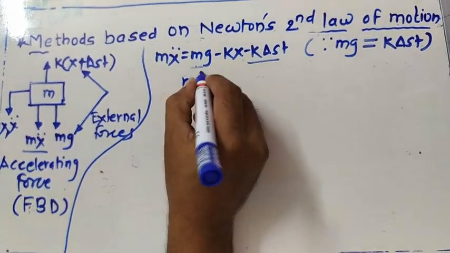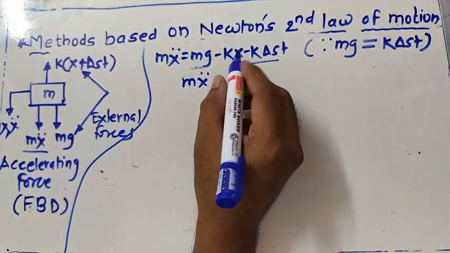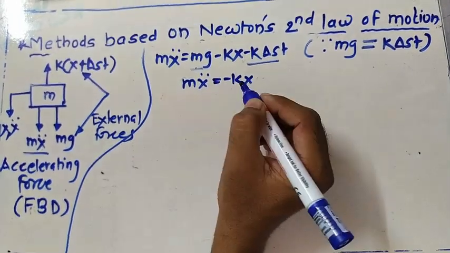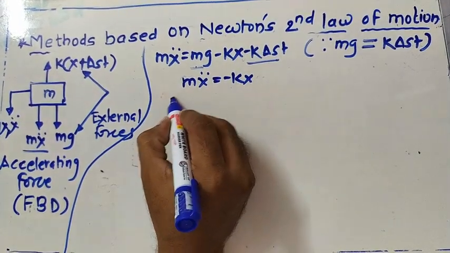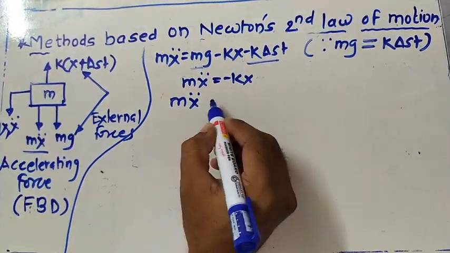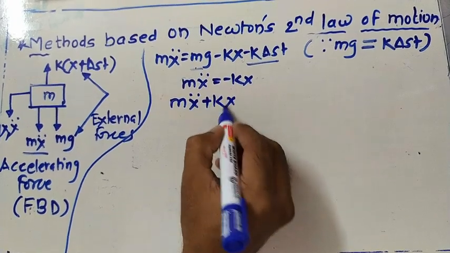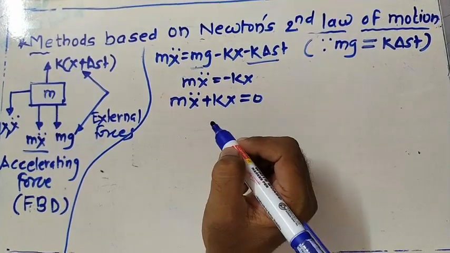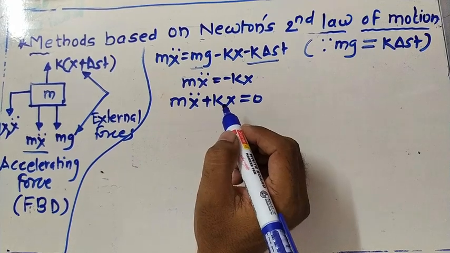You can get the relation mx double dot equals to minus k into x. What is the relation we get here? Mx double dot plus kx must be equal to 0.